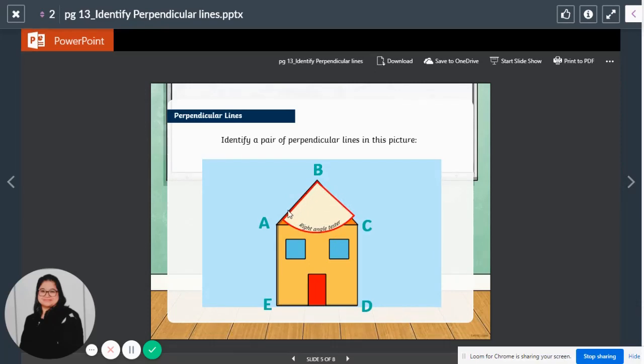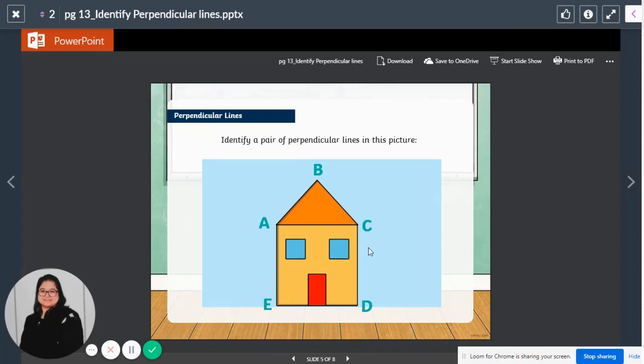Like one line is exactly on this part of our tester, the other line would have been exactly on this line. Correct? So, are lines AB and BC perpendicular to each other? No, they are not perpendicular to each other because they are not exactly forming a right angle.